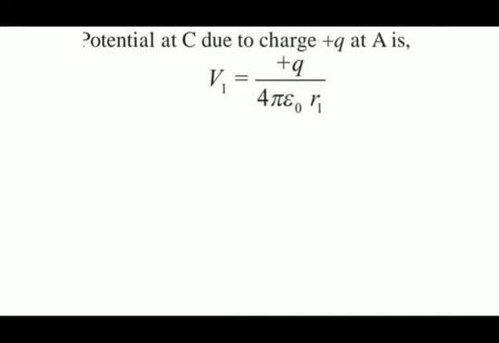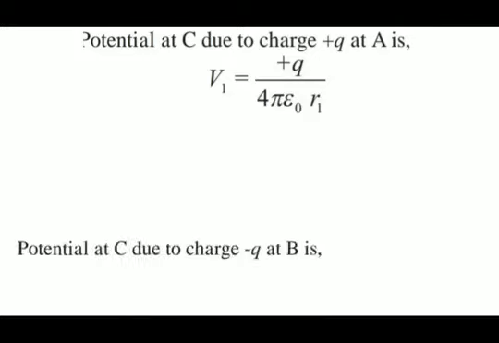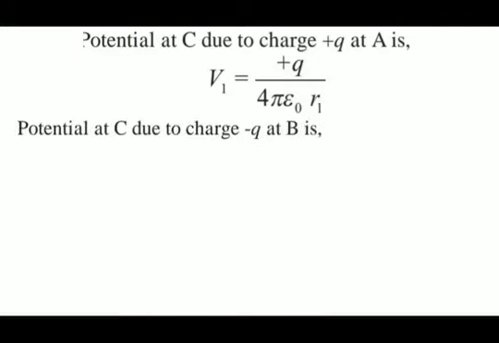So V1 will be positive Q upon 4 pi epsilon naught R1, as we had already considered the distance to be R1. Then potential at C due to charge negative Q at point B is V2 equal to minus Q upon 4 pi epsilon naught R2.